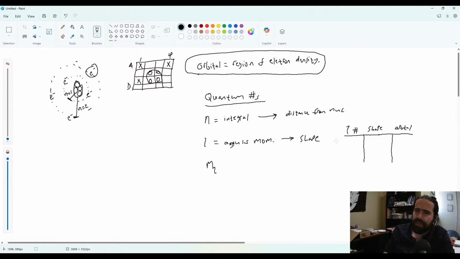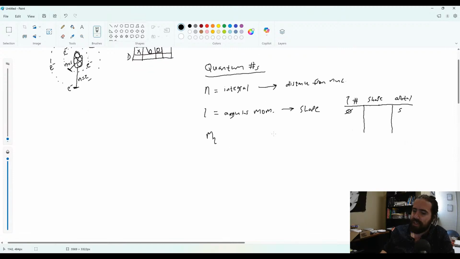If my L value is 0, then I have a sphere shape. We'll talk about that in a second. And the orbital is an s orbital. If my L value is 1, then I have what's known as a p orbital. That's the weirdest p I've ever drawn in my entire life.